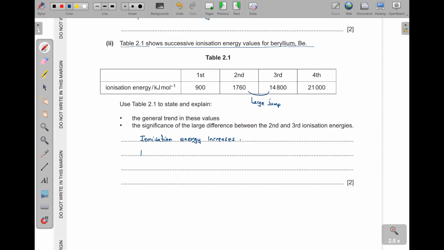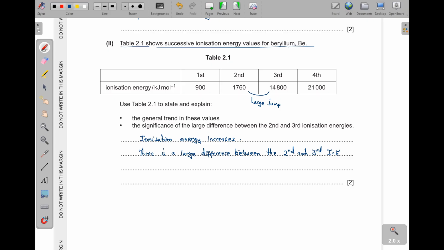Then there is a large difference between the second and third ionization energies.